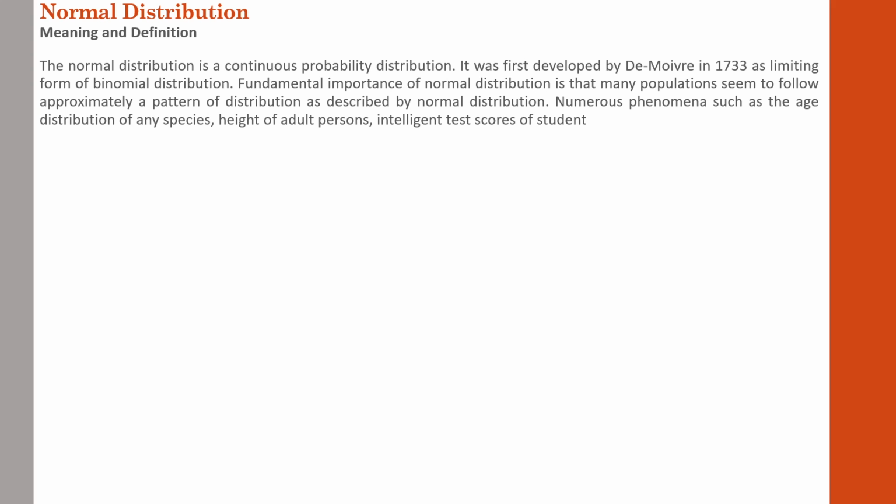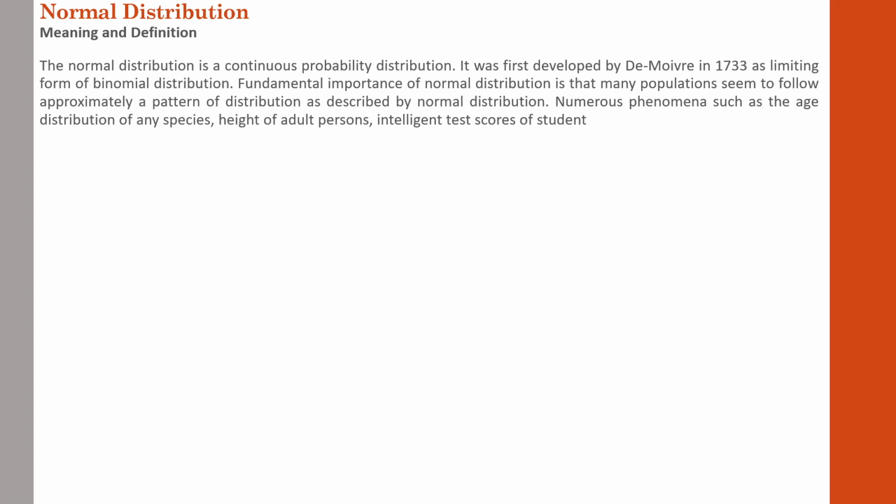With regard to the normal distribution, we have discussed for which kind of situation we use it. Next, we need to know something about the concept itself. The normal distribution is a continuous probability distribution, as we have mentioned several times. It was developed by De Moivre in 1733 as a limiting form of binomial distribution.